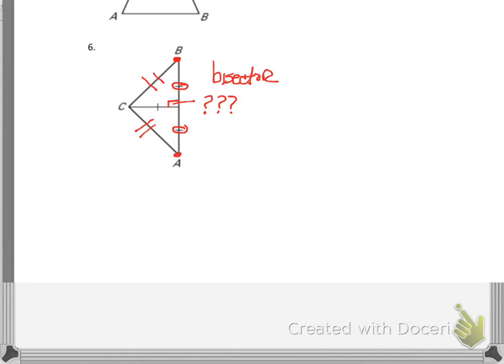I only have one thing, and the one thing I have is a bisector result, not a perpendicular bisector result. So therefore I would say no. I don't have enough information to assume that point C is on the perpendicular bisector of AB. So that's no, and you would have to write a statement on your review explaining why it's a no.